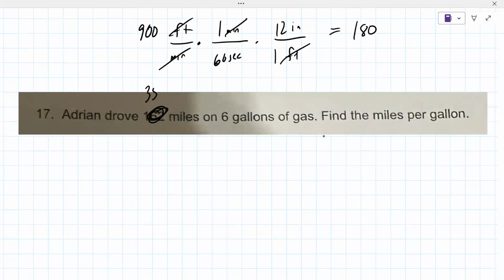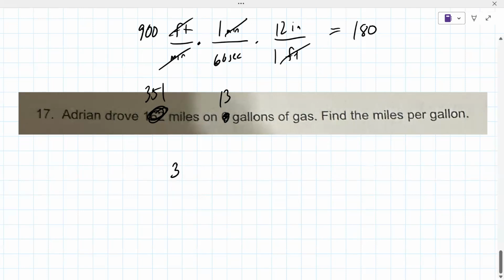All right, so he drove 351 miles on 13 gallons. Find the miles per gallon, please. 27 miles per gallon.